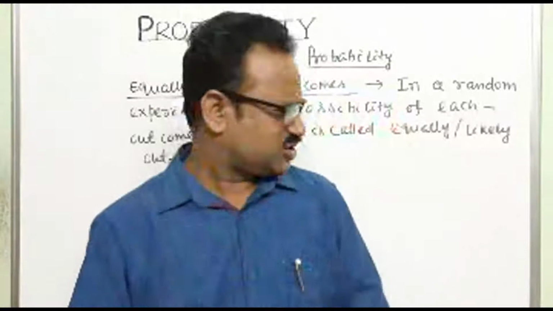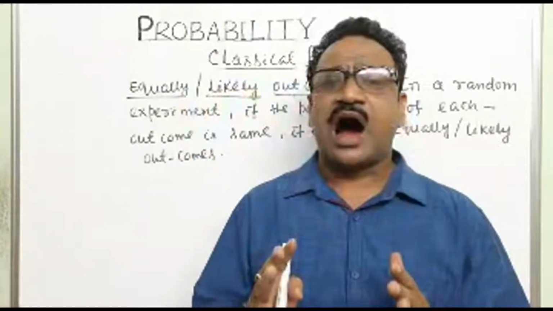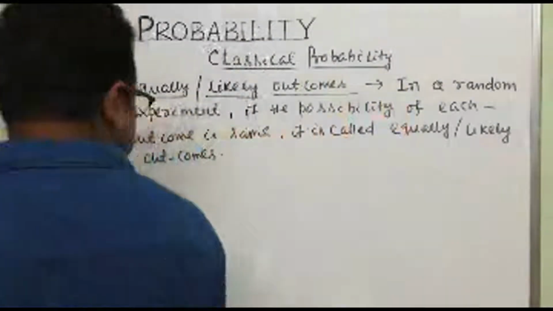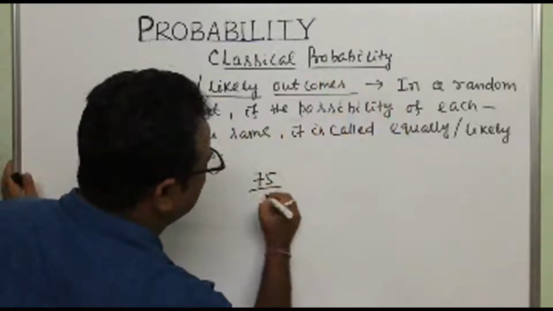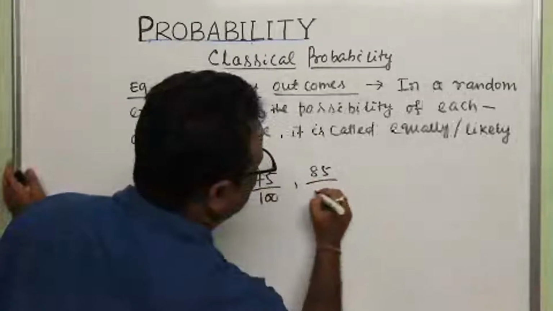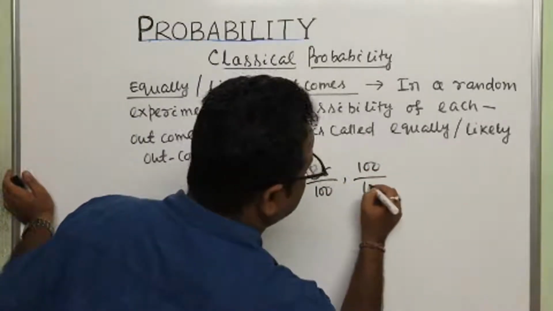Now see, suppose in an examination out of 100 marks, some students secure 75 by 100. Another student secured 85 by 100. Another student secured 100 out of 100.